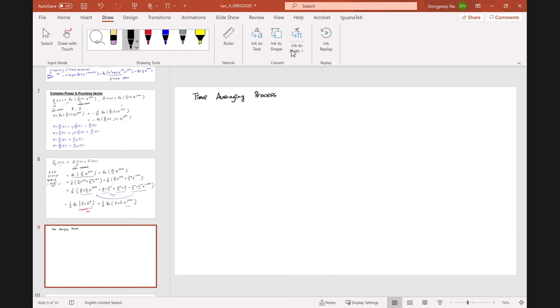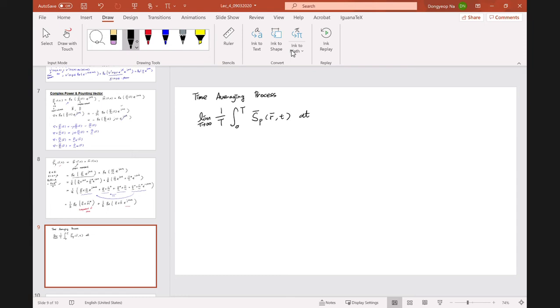So we're going to time average this instantaneous Poynting vector that can be written in this way.